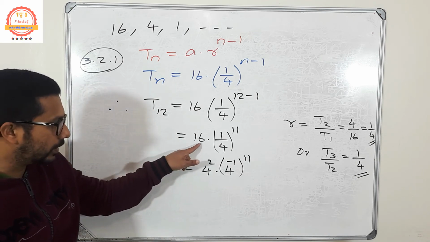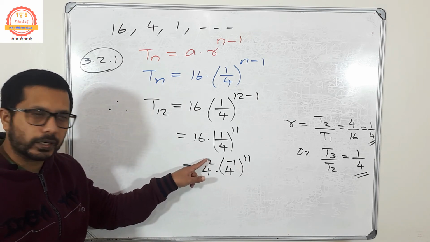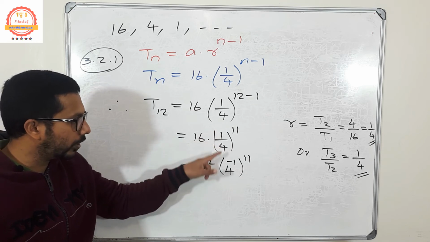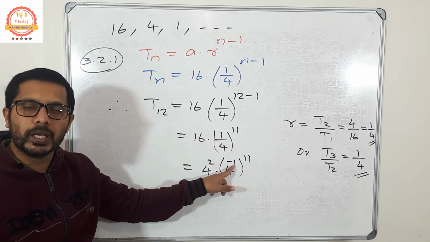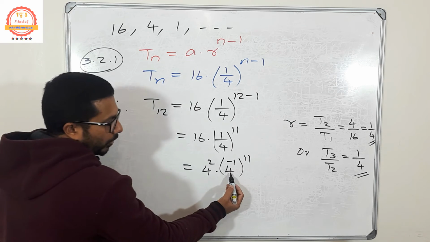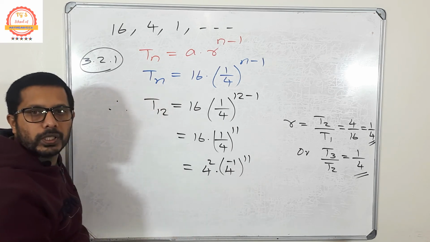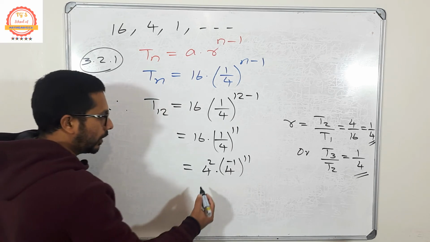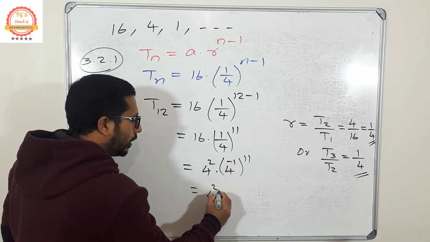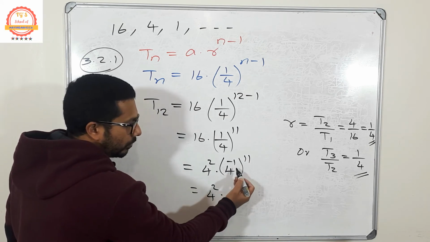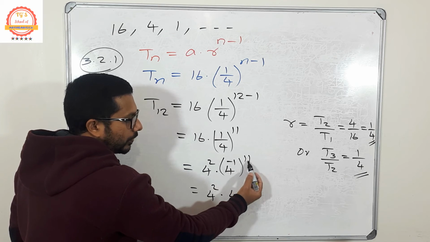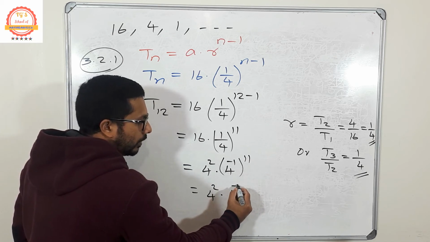Listen once more. 16 is 4 squared. Then this 1 over 4, how can you write it? 4 raised to minus 1. So now 4 raised to minus 1, the whole raised to 11. How can you write that? It is 4 squared into 4 raised to, you have to multiply minus 1 and 11.